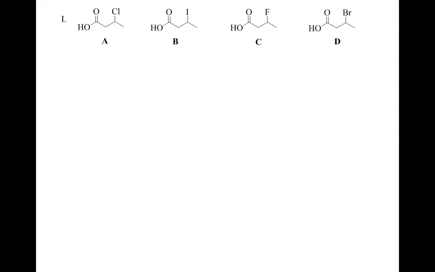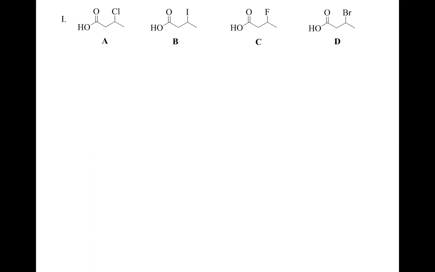This is the set of four carboxylic acids, and you can see the difference lies in the presence of different halogens. Compound A has a chloro group attached, while B has iodo, C has fluoro, and D has bromo.